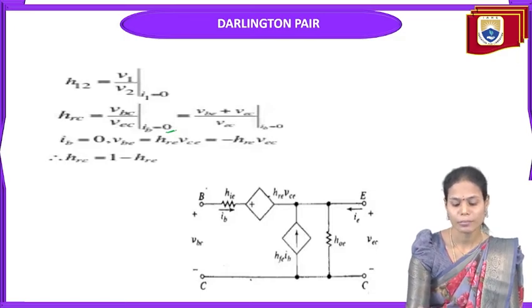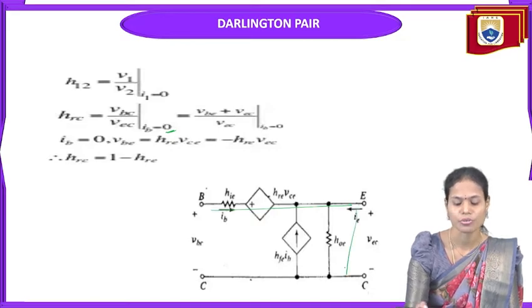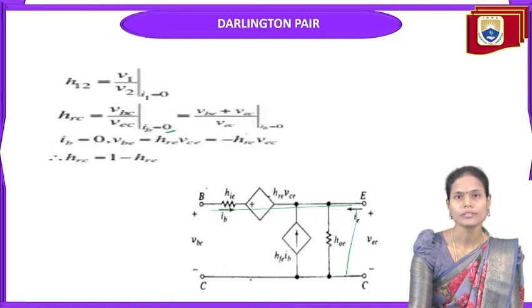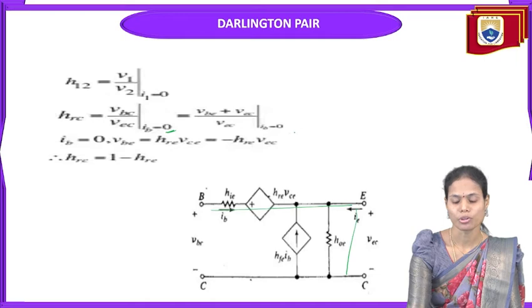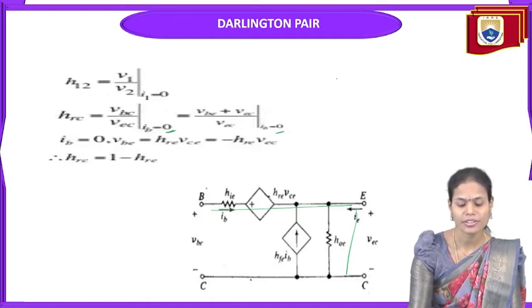To find the VBC voltage, base to collector voltage, we have to take VBE, this voltage, as well as VEC, this voltage. If we add these two and divide by VEC, it will give the overall reverse voltage gain.